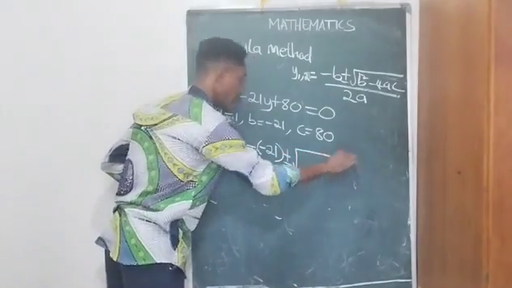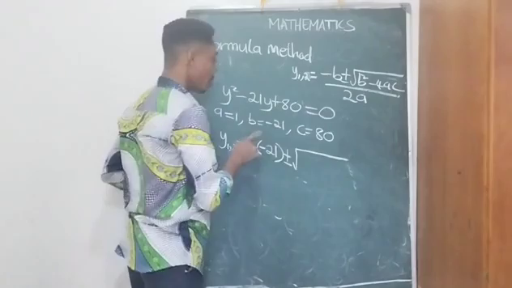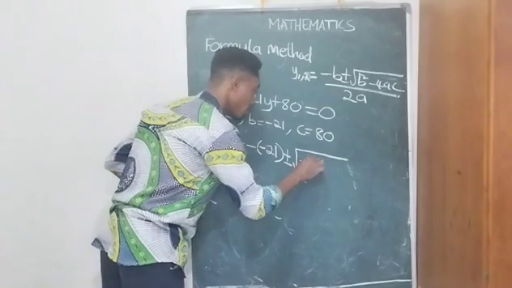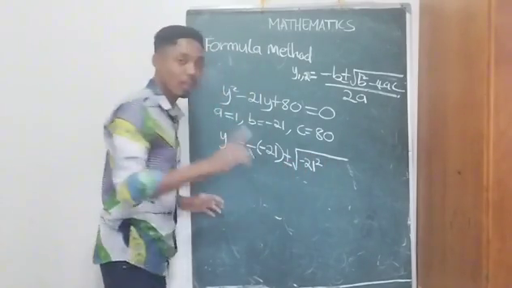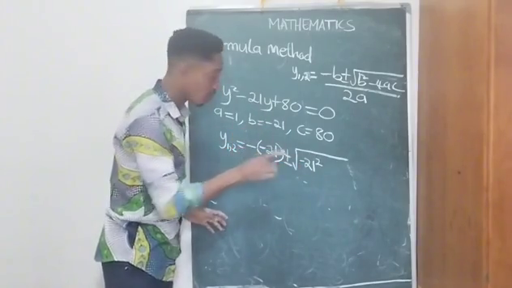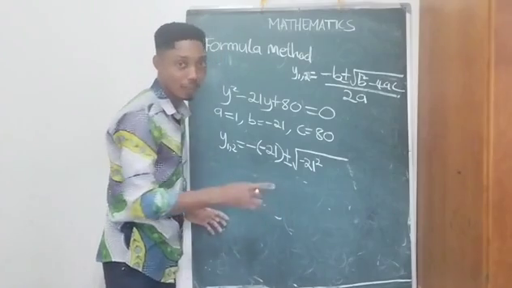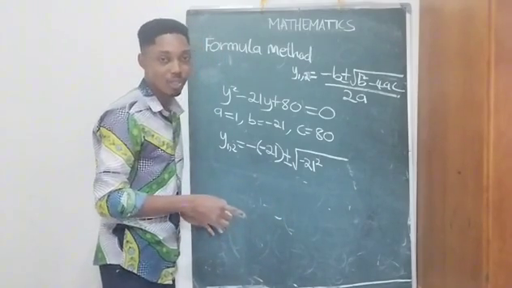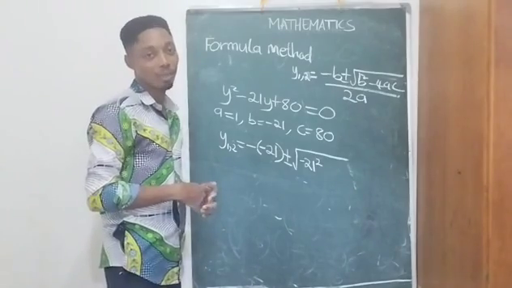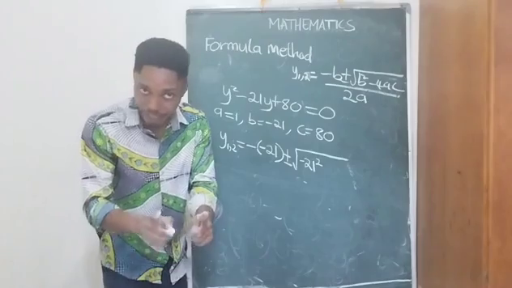square root of b squared. B squared is minus 21 squared. Note, if you do this, you're going to mix it up, because if you punch minus 21 squared in your calculator, it's going to give you minus 441, which is wrong.